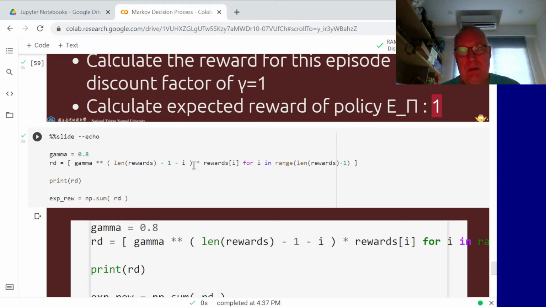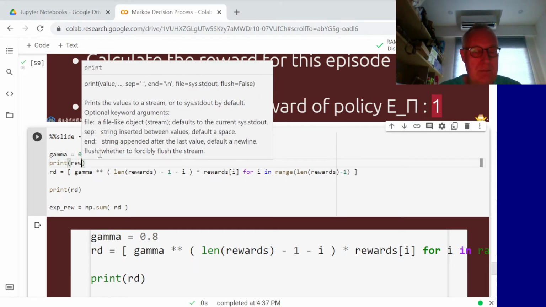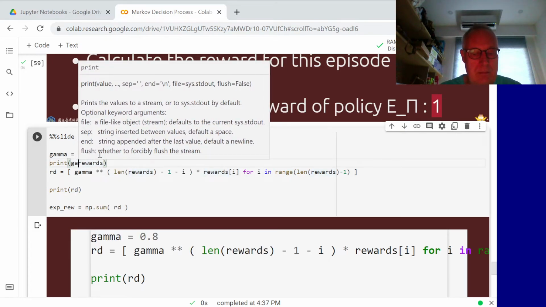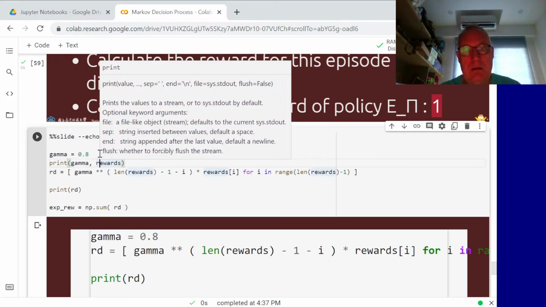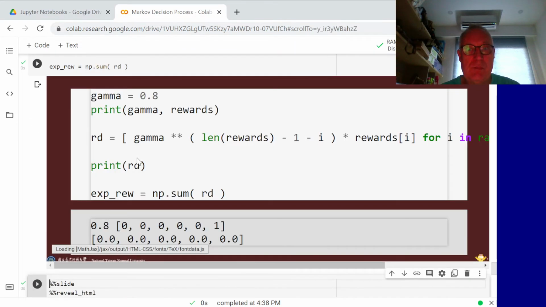Gamma to the power 5, length of rewards. Gamma 0.8, 0, 0, 0, 0, 0, 1.